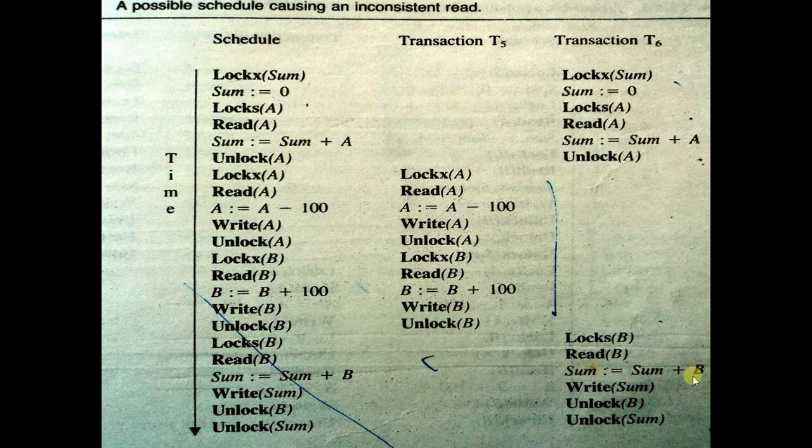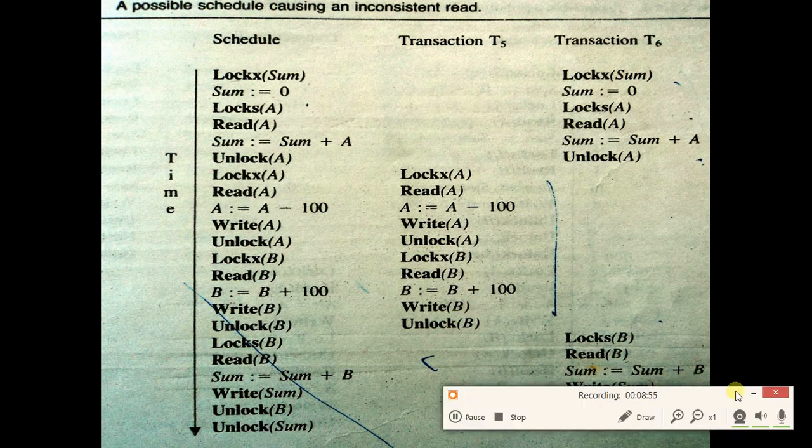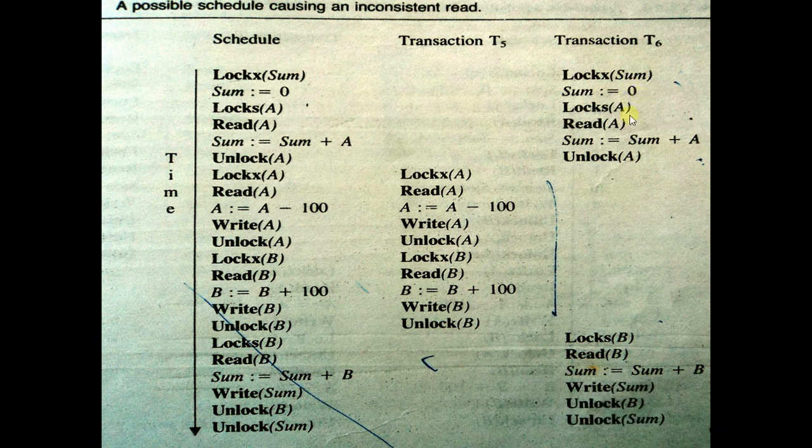Okay, just see, assuming that A is 1000, here sum becomes 1000, it releases A. As soon as it releases A, this transaction, which was waiting, executes. What will it do? It will read A as 1000, make it 900.